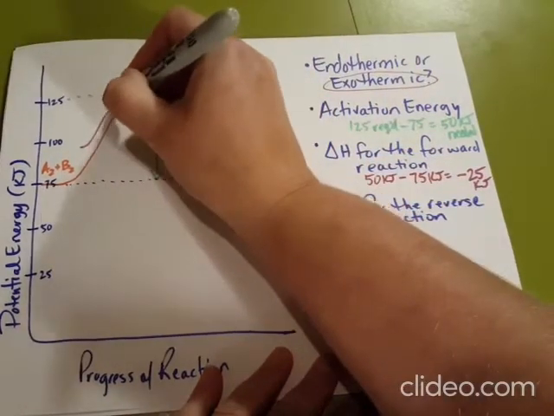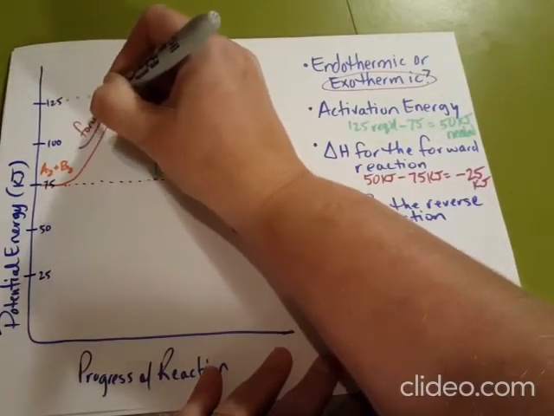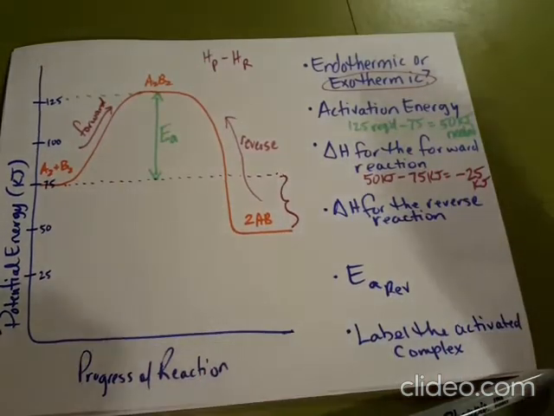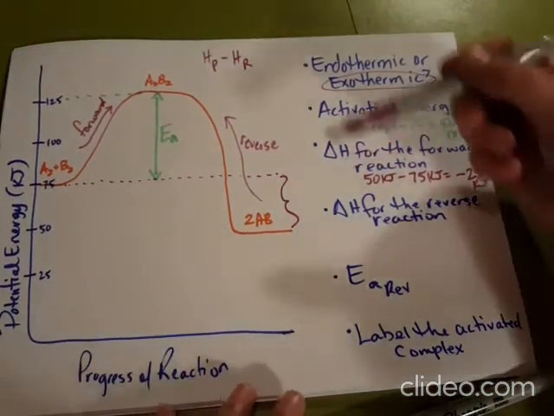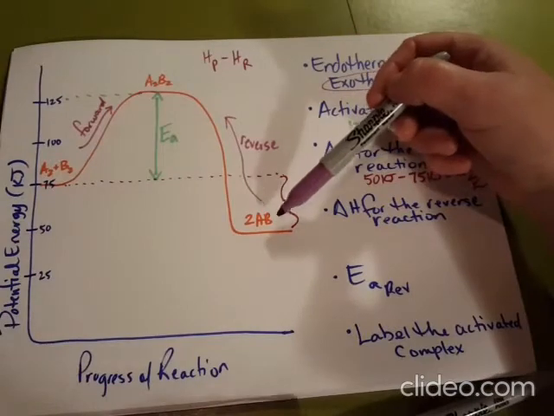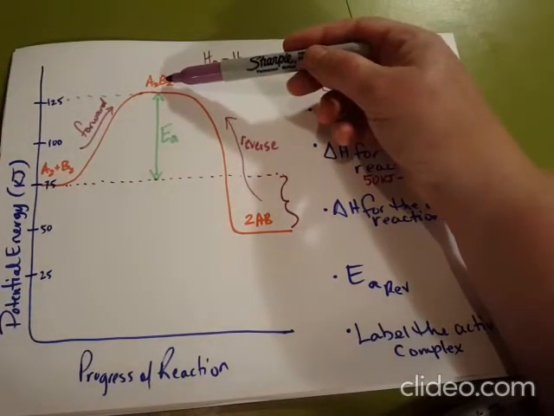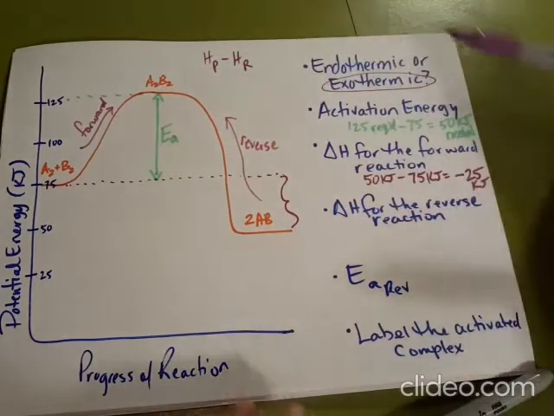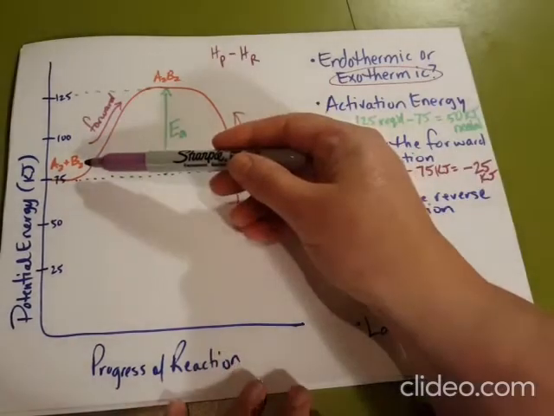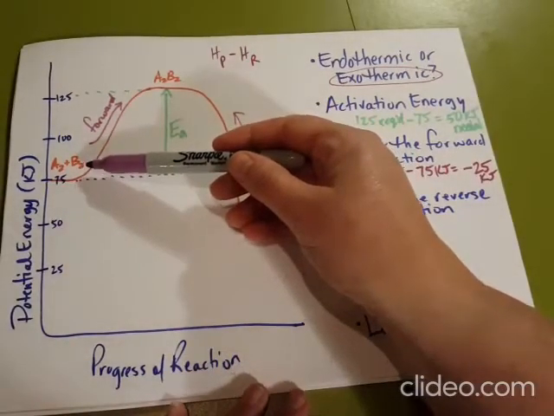So we would have our forward reaction, which is basically left to right, like we've always been reading them. But imagine, if you will, the 2AB suddenly reversing and becoming that activated complex again, that intermediate particle, and then decomposing into A2B2.